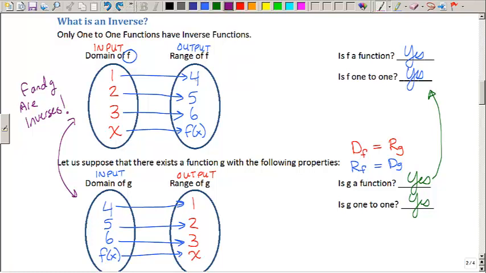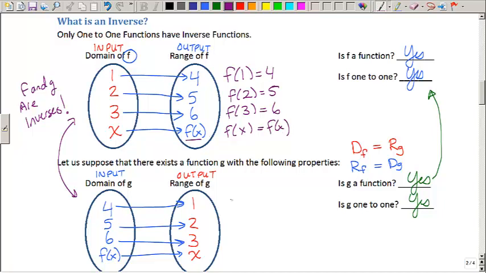Now let us write these mappings in function notation. f of 1 is equal to 4, f of 2 is equal to 5, f of 3 is equal to 6, and f of x, well, is equal to f of x. And that's how we got our f of x value here.